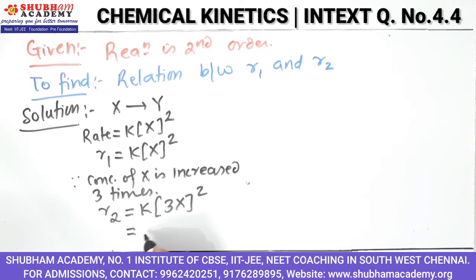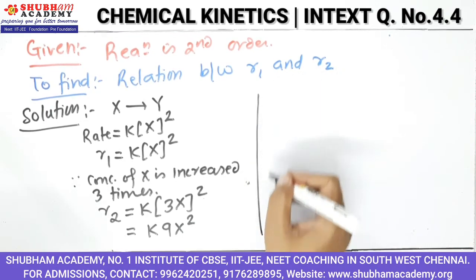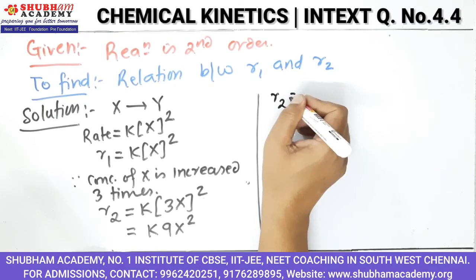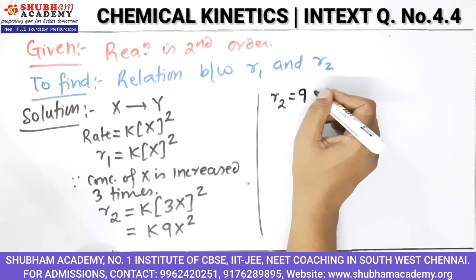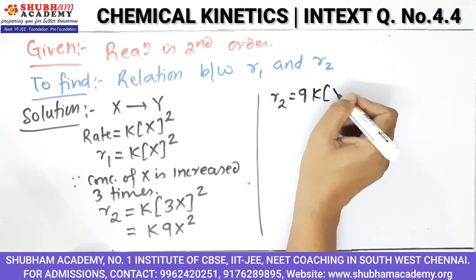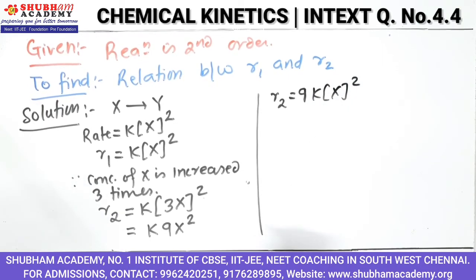So this becomes K into 9x power 2. So I can write this as R2 is equal to 9 times K x power 2.